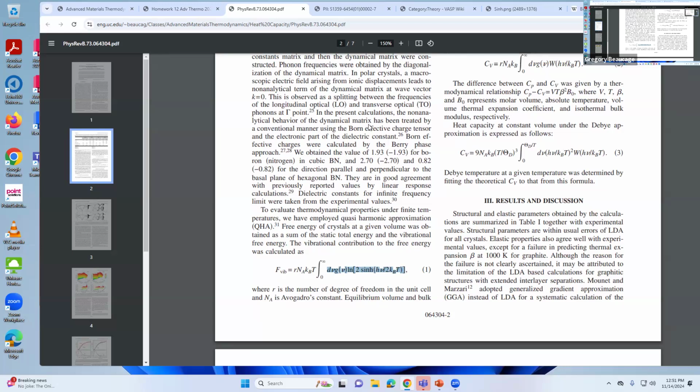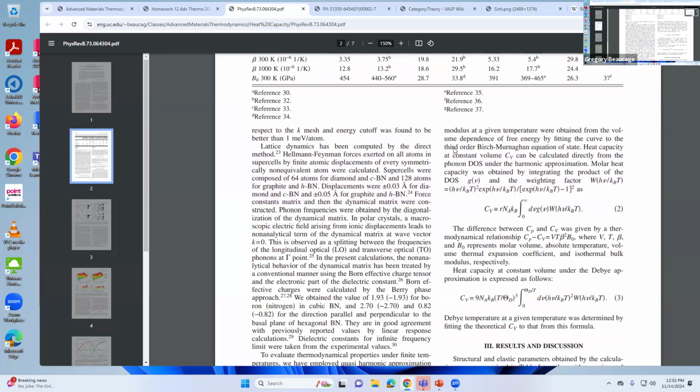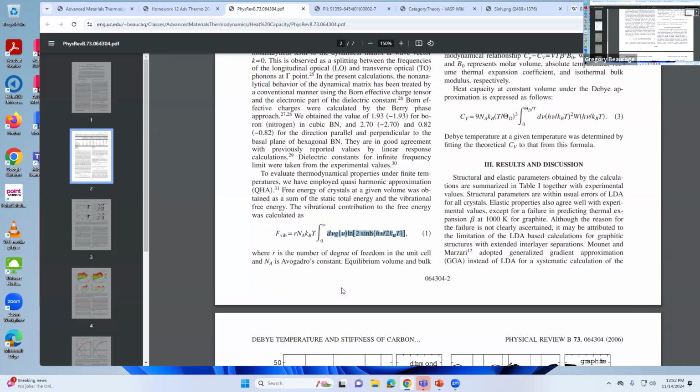So he runs this program, gets the structure, gets the density of states, then integrates that and gets the vibrational energy for the structure, and then takes the derivative of that to get the heat capacity. So this is the Helmholtz free energy.